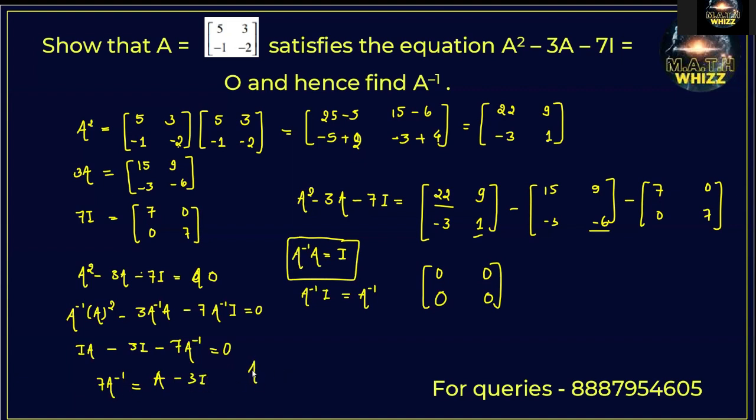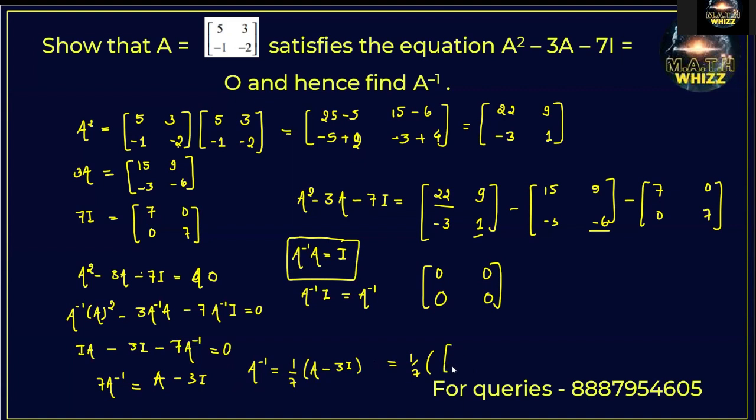Now take A inverse on one side and take the 7 to the other side. You get 1 by 7 times A minus 3I. What's the value of A?